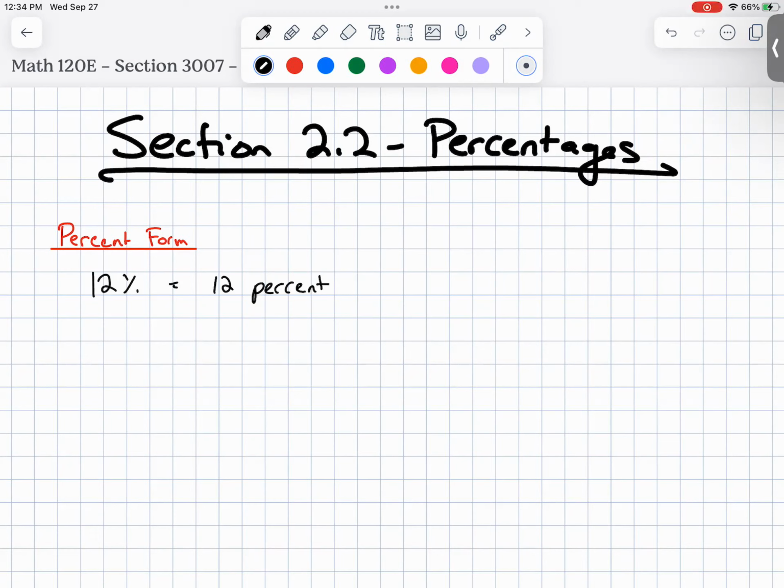Just in case you don't know, that's coming from the Latin roots, per meaning divide by, and cent meaning 100, like centimeters, like there's 100 centimeters in 1 meter. So it's 12 divided by 100. Another way to write 12% is 12 out of 100.